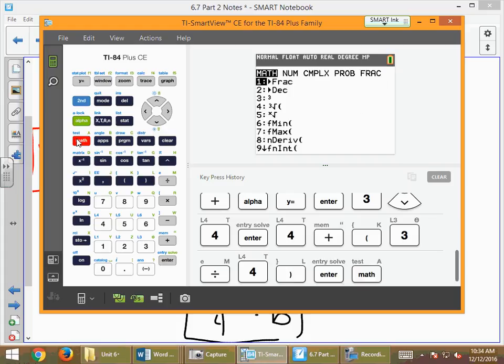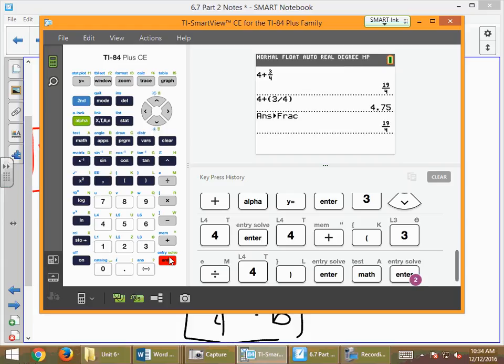If you do math, enter, changes it to a fraction for you. If you have our calculators, you have to do 4 plus, you have to hit 3, then ABC, then 4, then enter. Questions?